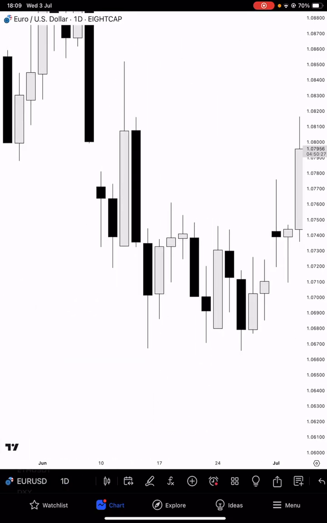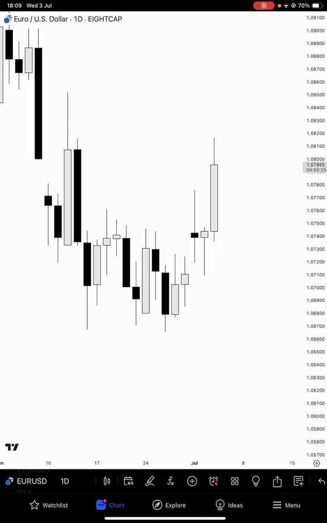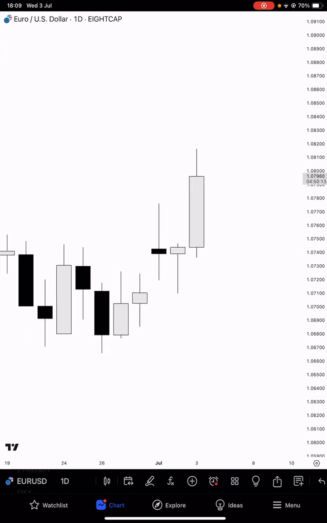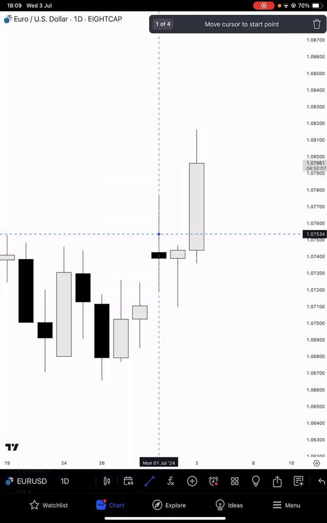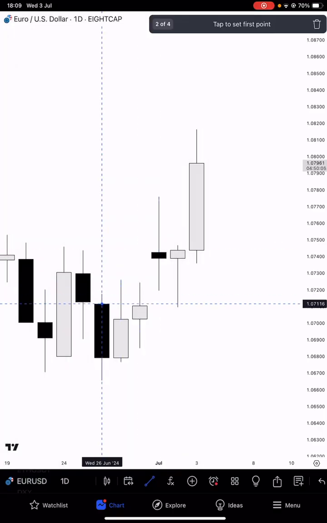We were coming off of a range, a clear range, choppy markets, and I didn't trade Monday, I didn't trade Tuesday, but I have a friend on chat who caught this beautiful trade. I missed it, but this is a true breakout of the range.